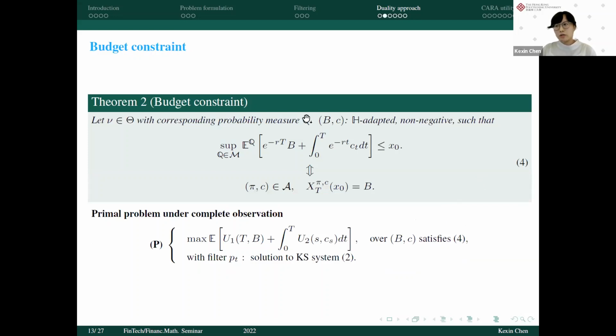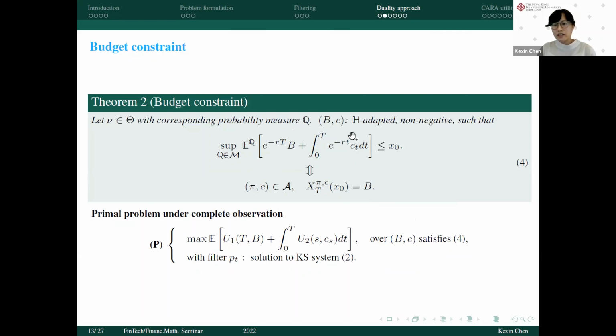And based on this projected state density process, we can use this inequality in this theorem to describe our admissible controls, and that is the budget constraint with partial information and alternative data. Here B and C are interpreted as the candidate optimal terminal wealth level and consumption rate.